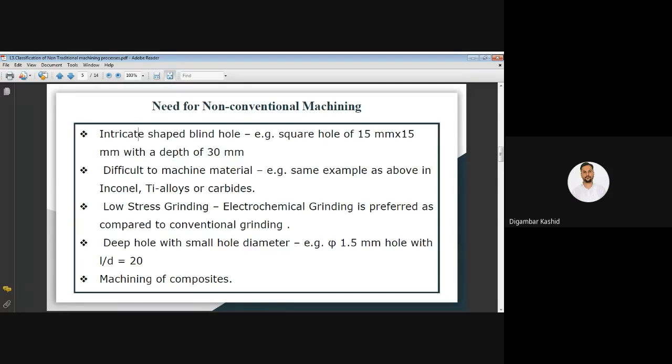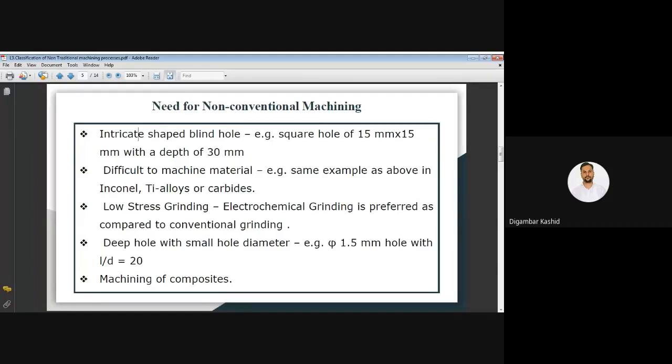So we need to go for non-conventional machining processes. Again, as I have mentioned, nowadays new exotic and innovative materials are coming, like composite materials.